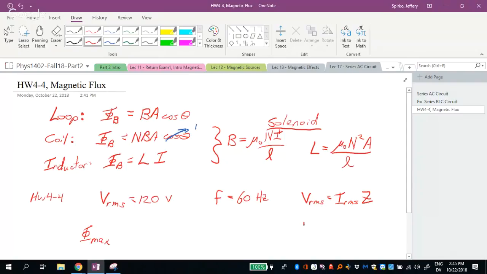So this says IRMS is equal to VRMS over 2 pi FL. So that impedance is 2 pi FL. So I plugged it in and divided it down to the other side of the fraction.